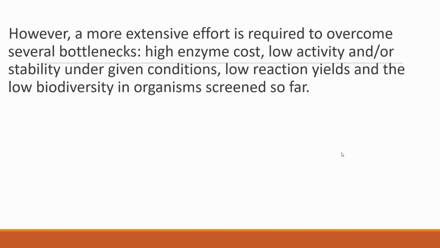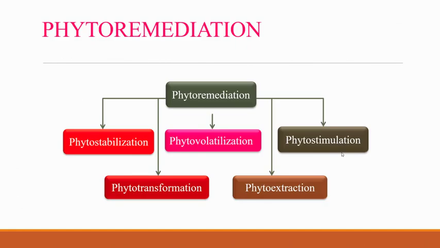However, a more extensive effort is required to overcome several bottlenecks. And those bottlenecks, like I said before, are the high cost of enzyme, since to isolate enzyme is very expensive, low activity or stability under given conditions, low reaction yield, and the low biodiversity of organisms screened so far.